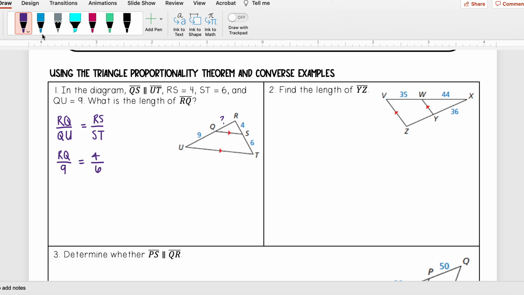And now I'm going to go ahead and solve this proportion. So I'm going to cross multiply, so I have RQ times 6 to get 6 RQ, and then 9 times 4 to get 36, and then divide both sides by 6. And I get that RQ has length of 6.